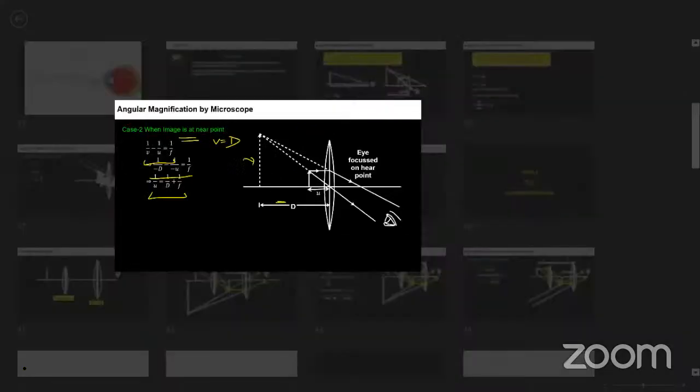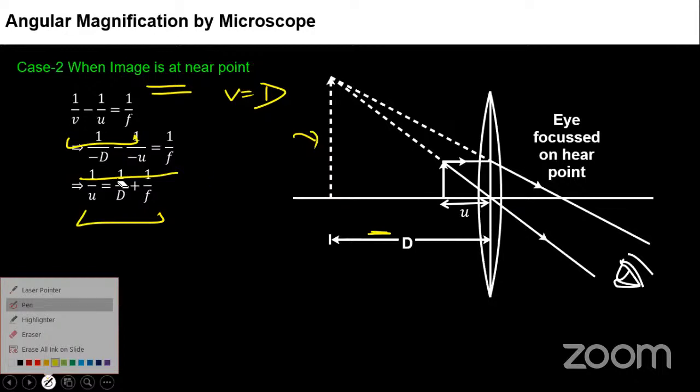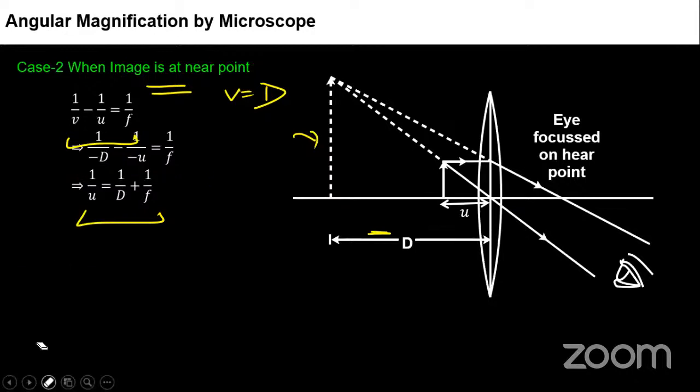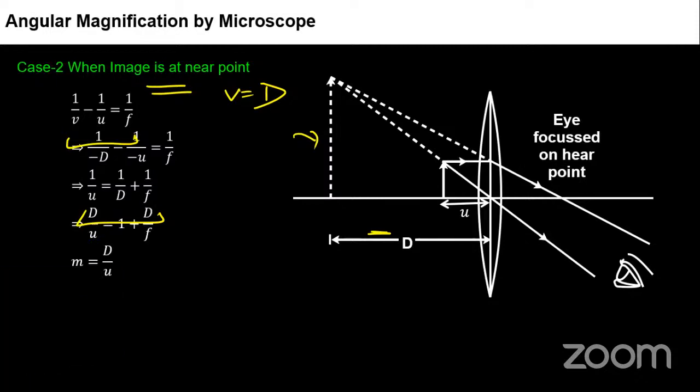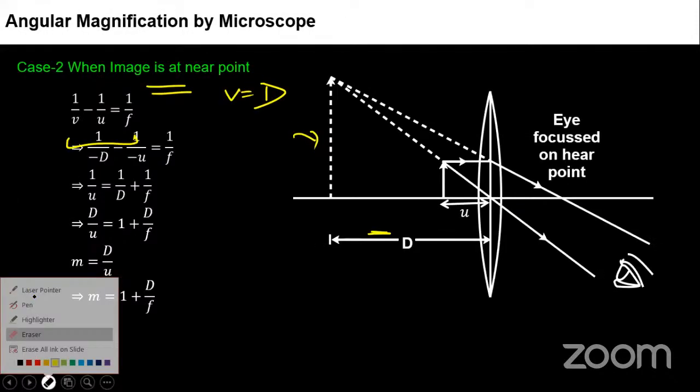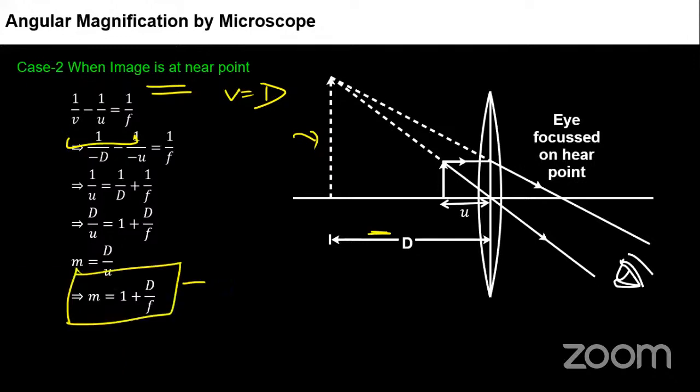So you will get 1 by u as this. From this you can extract magnification as this.